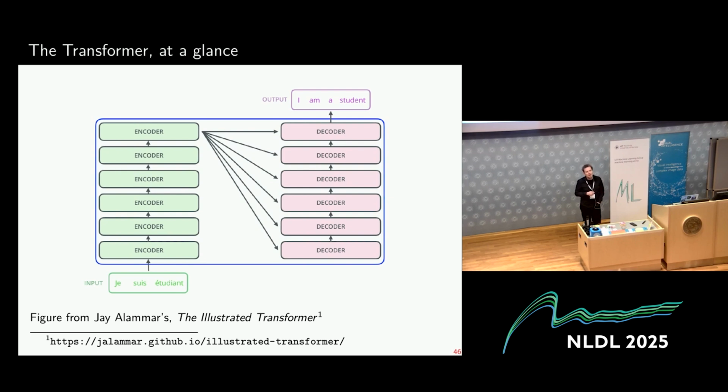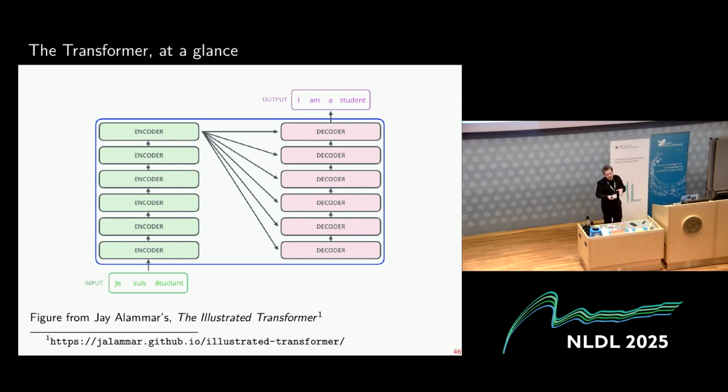So in the machine translation task, you have the input which is in one language and the output which should be in another language, right? So that's why the original transformer architecture used several encoder layers which are employed to produce an efficient representation of the input, say of a sentence in English, right?